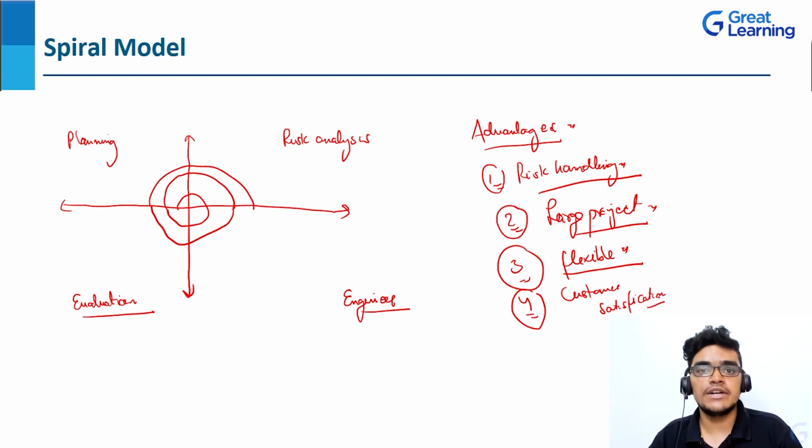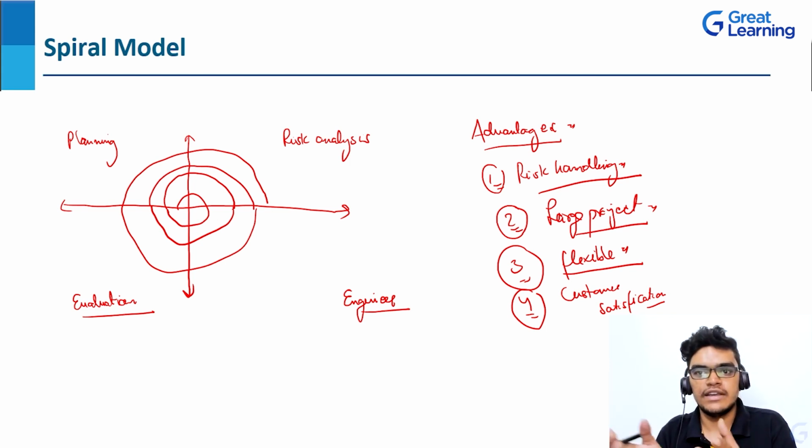Whatever the requirements are, if they have to be modified, then we can go for the next iteration and our spiral will also increase at that time. But the risk will be minimized and it will be satisfactory for the customer. So this is the basic idea about the spiral model and we have seen the advantages.